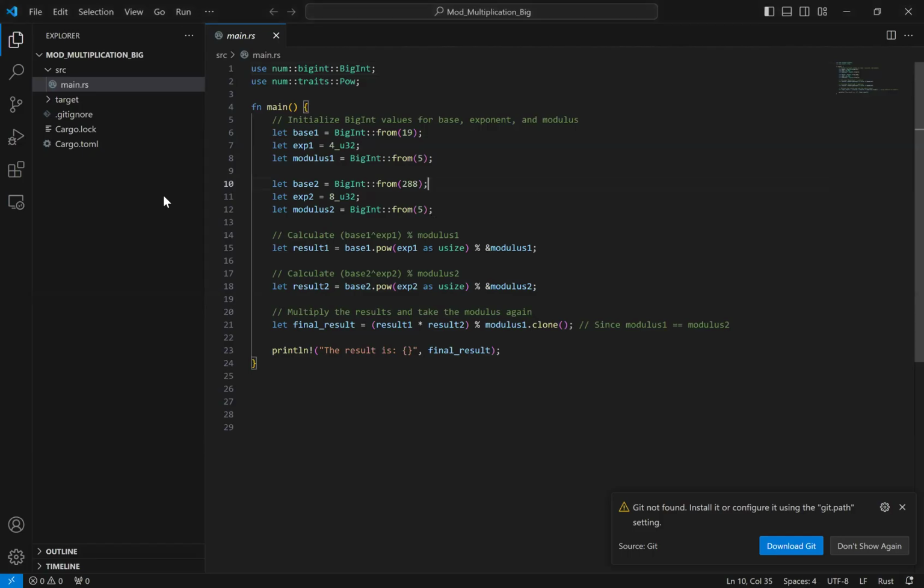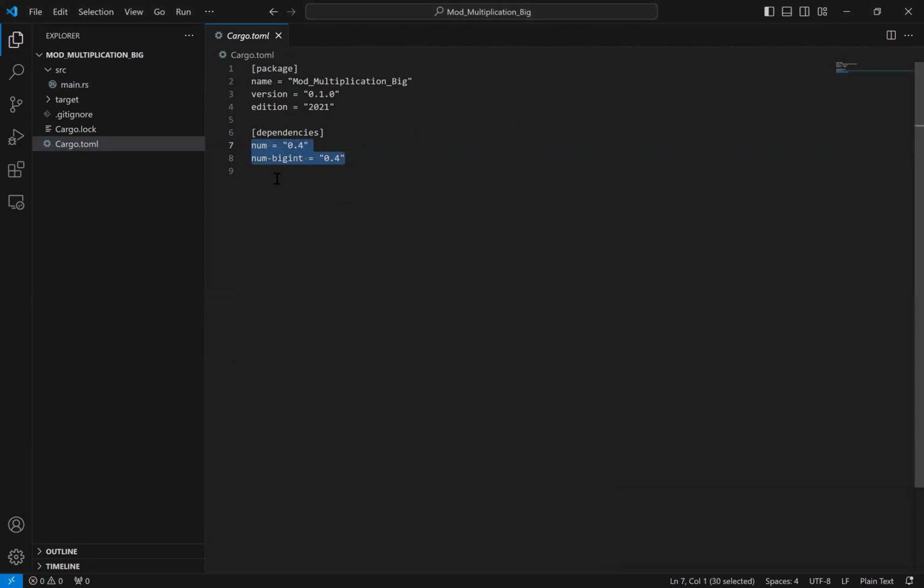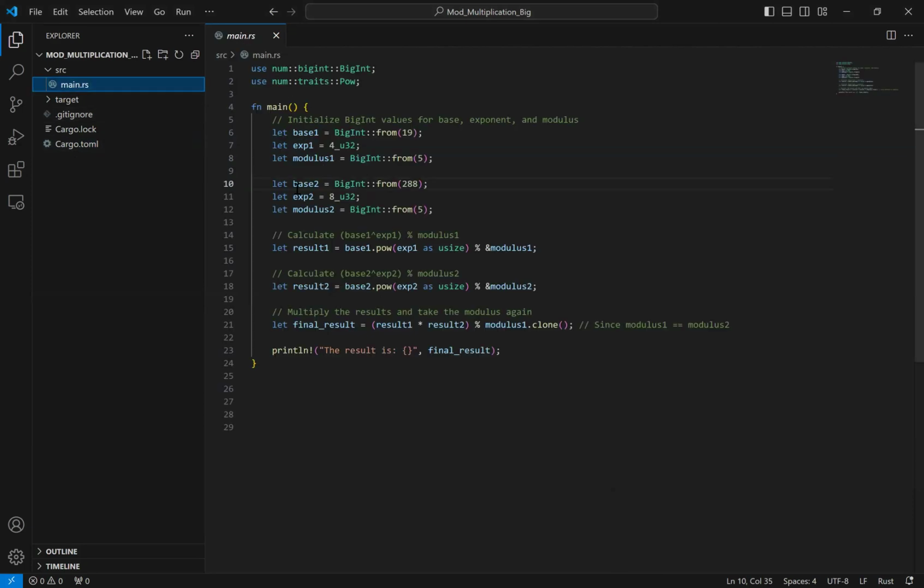Okay, here it is. Let me look at the Cargo.toml. Since I'm dealing with big integers, I've defined these dependencies here. They are supposed to be there. Let's go back to the main code.